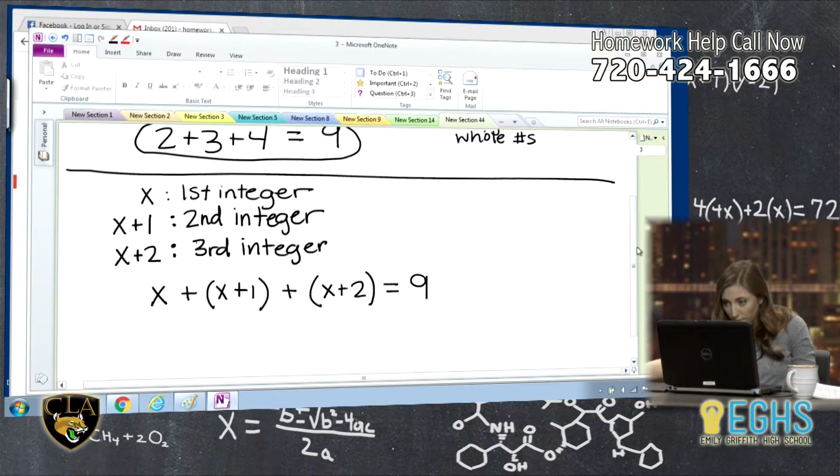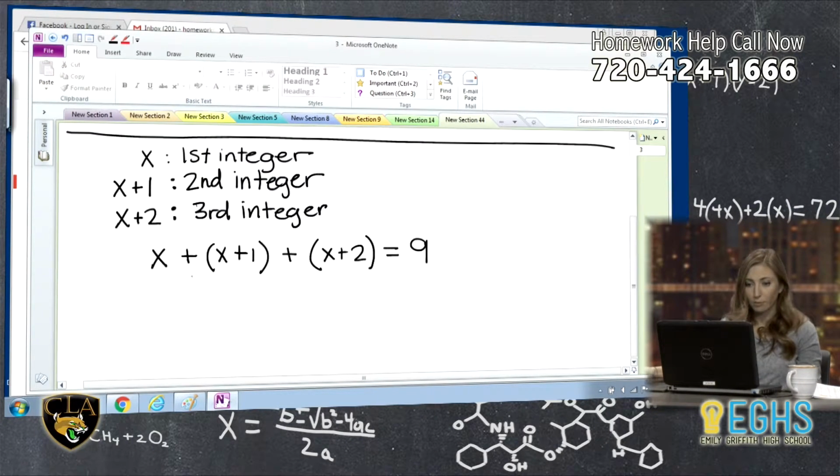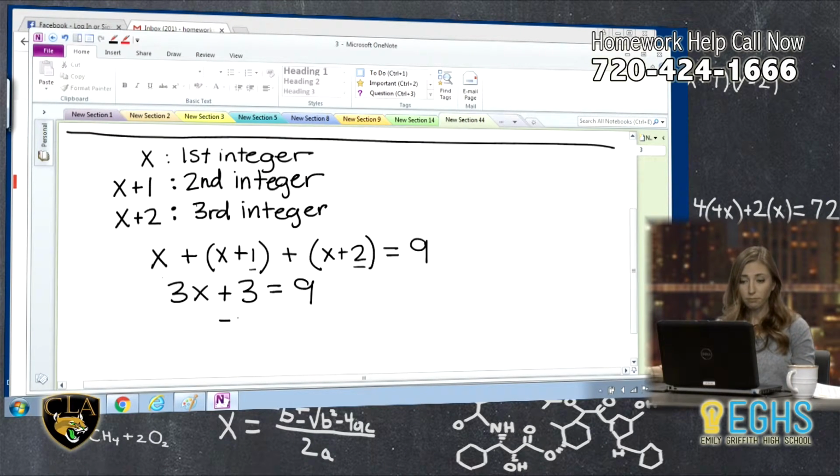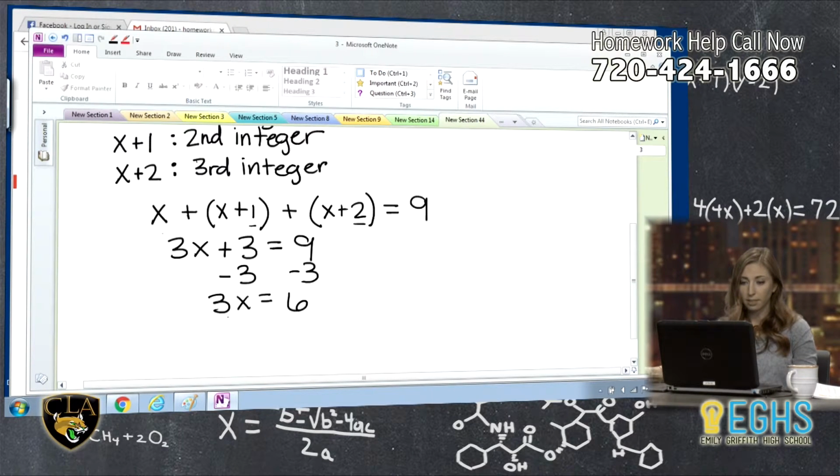If I'm simplifying here, I have x plus x plus x, so 3 x's all together. And then I have 1 plus 2, which gives me 3. All I did there was combine my like terms. Then I'm going to work on isolating x. Subtracting 3 from both sides of my equation, I get 3x is equal to 6. And then lastly, we're going to divide both sides by 3, which gives me x is 2.